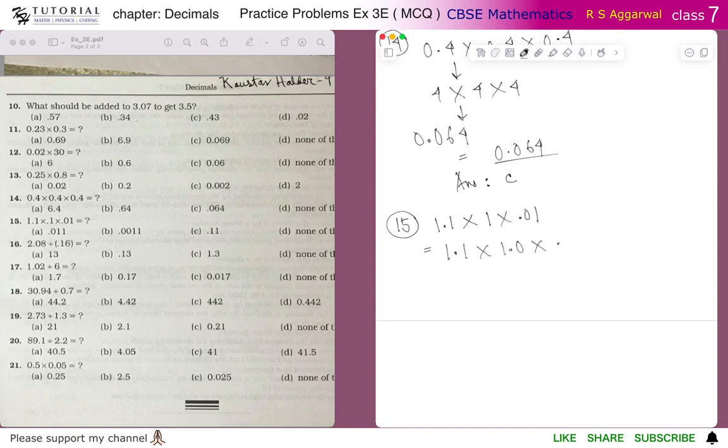So now it has become a product of three decimal numbers. We first do the product of all the decimal numbers by assuming them as whole numbers by omitting their decimal points. So this becomes 11 into 10 into 1. 01 means 1, so 1. So this becomes 11 into 10, that is 110.